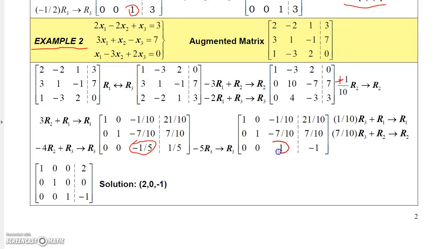Then I multiplied this row by 1/10 and added it to this row to cancel the -1/10, and then multiplied this row by 7/10 and added it to this row to cancel the -7/10. When I did, I ended up getting x1 equals 2, x2 equals 0, and x3 equals -1. So that's the solution there. Like I said, I'm sorry about that. I did leave out one step there that should have been between here and here.